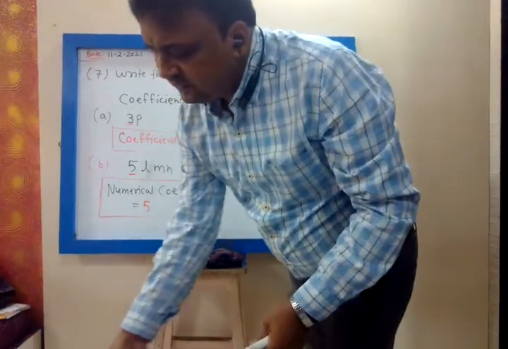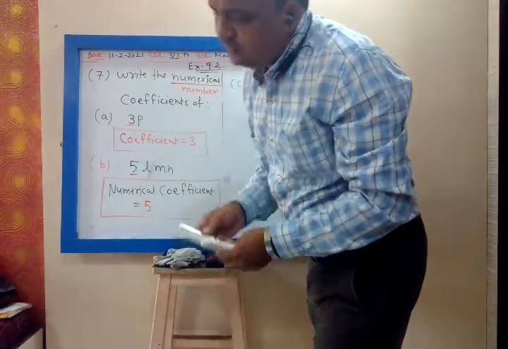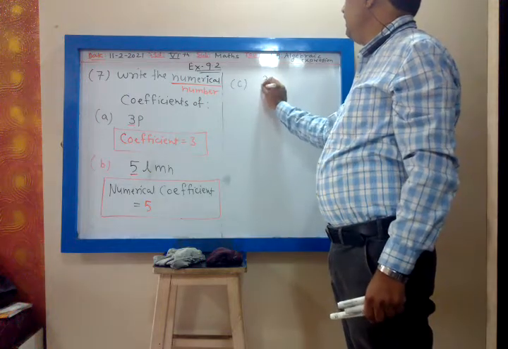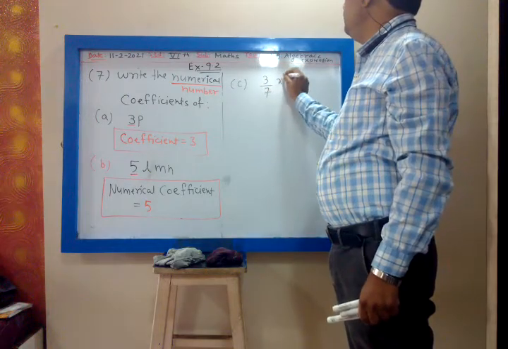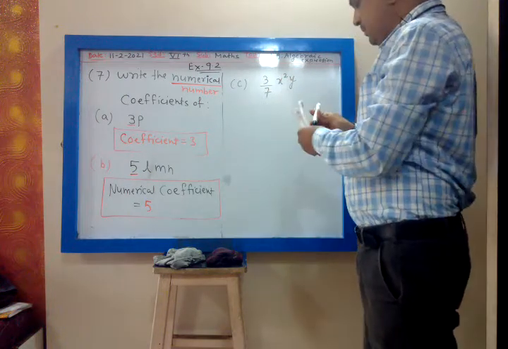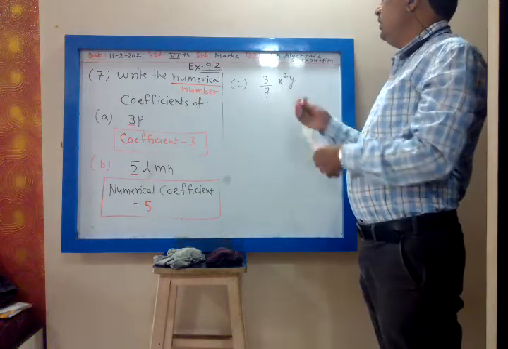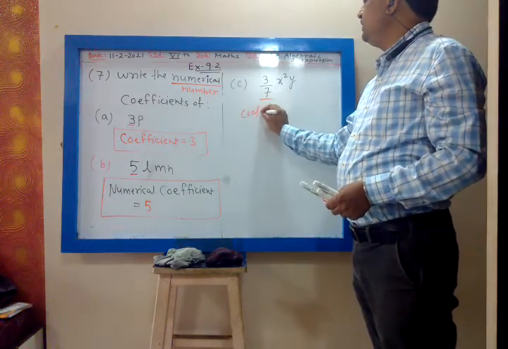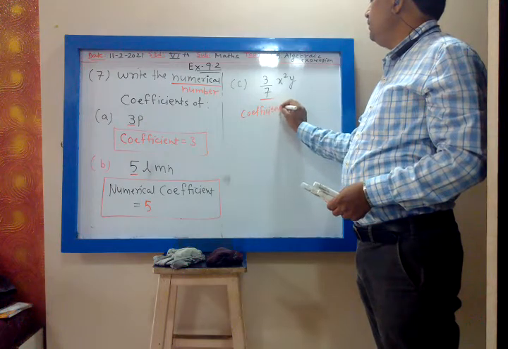See, 3 upon 7 x square y. What is the numerical coefficient? Numerical means number. It is 3 upon 7.